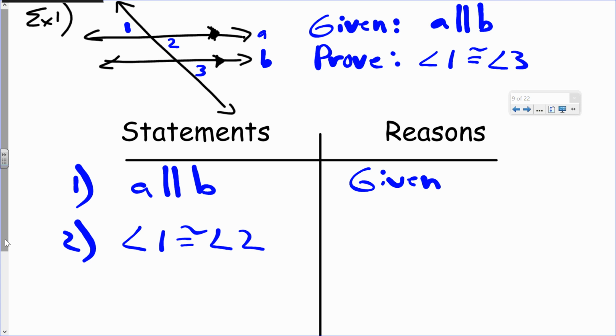Look at the picture and try to figure out what law in our law book allows me to say 1 is congruent to 2. I like that, but reflexive is when something's congruent to itself. 1 and 2 are 2 different angles, so we're not saying something's congruent to itself.